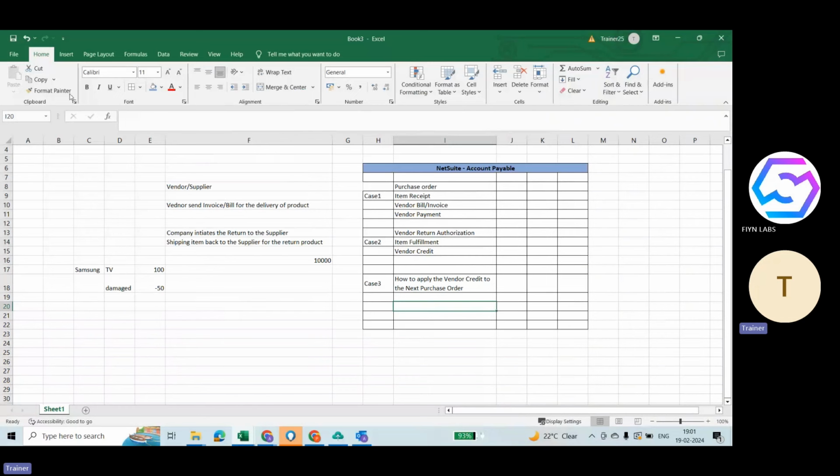That is going to be our case scenario number 3, which will be part of this accounts payable cycle. Then there will be some interesting scenarios as well. So I'm going to give you a scenario. Think about me as a company, and let's suppose I want to buy 50 quantity of chairs.